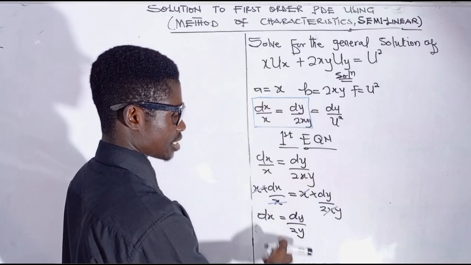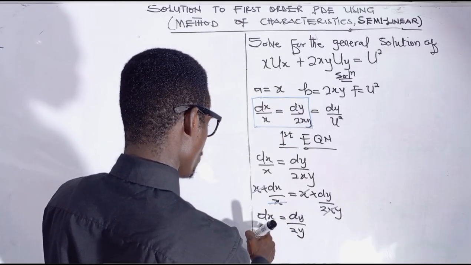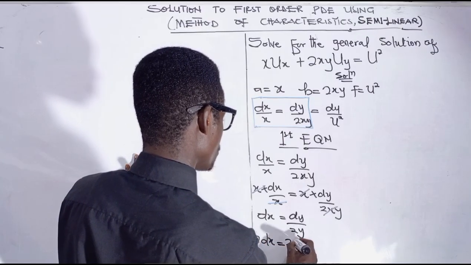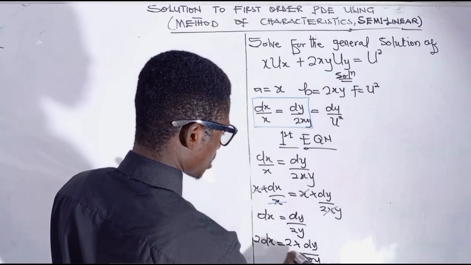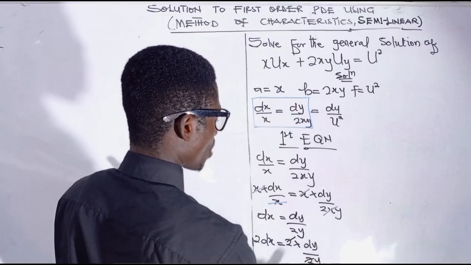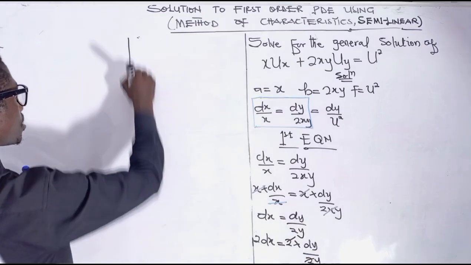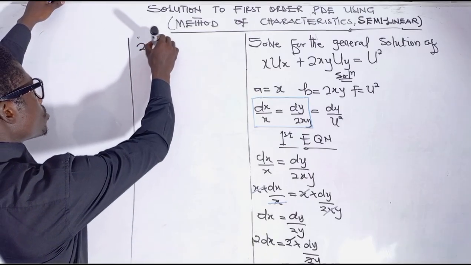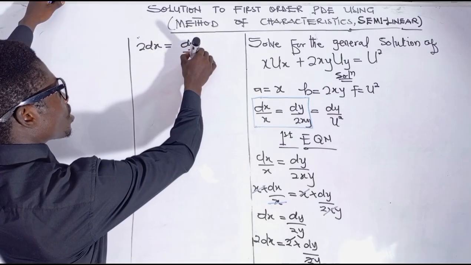Even better, you can integrate it straight and you are going to get the same answer. So let's multiply by 2. We are going to have 2dx is equal to 2 times dy over 2y, so that these two will cancel these two, and we'll be left with 2dx is equal to dy over y. Let's continue from this side.